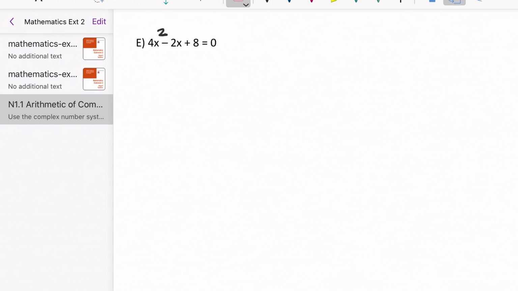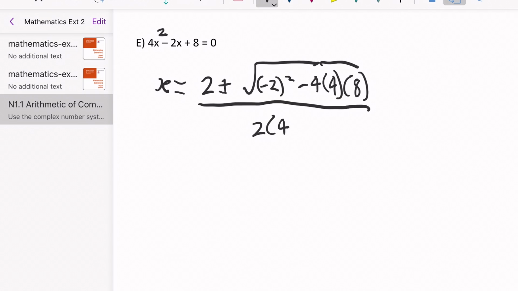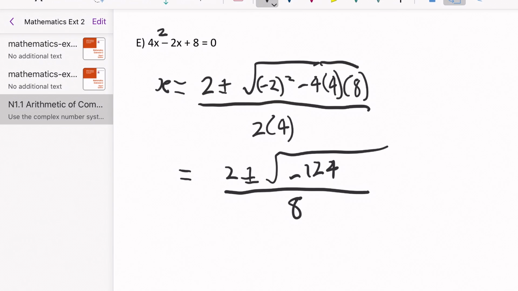In this case, we will use the quadratic formula again. So x equals 2 plus or minus the square root of negative 2 squared minus 4 times 4 times 8, all over 2 times 4, which is equal to 2 plus or minus the square root of negative 124 all over 8.